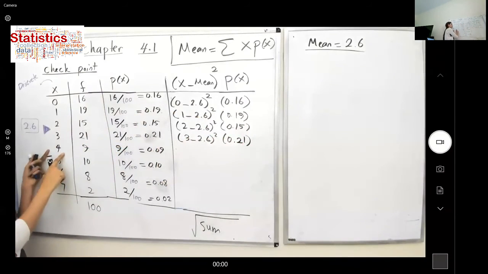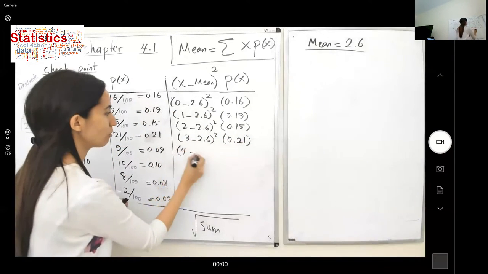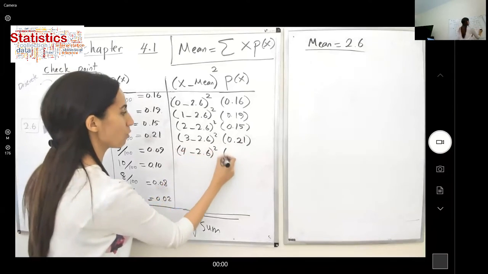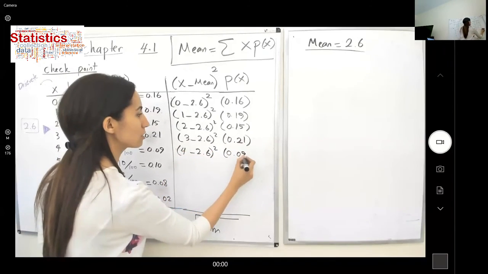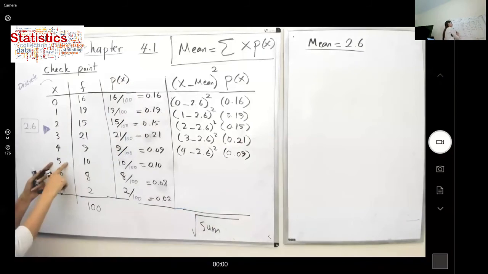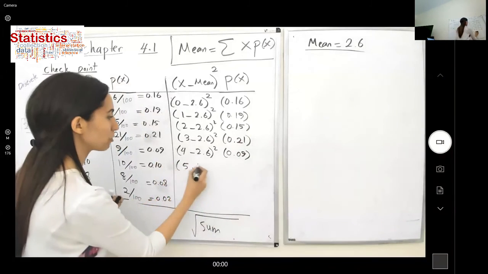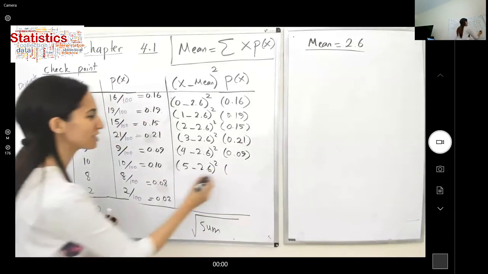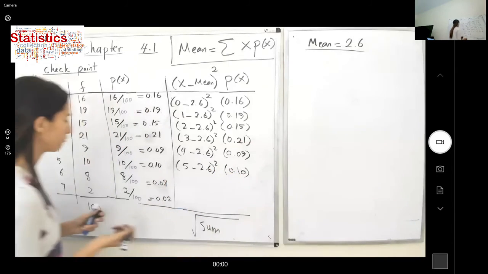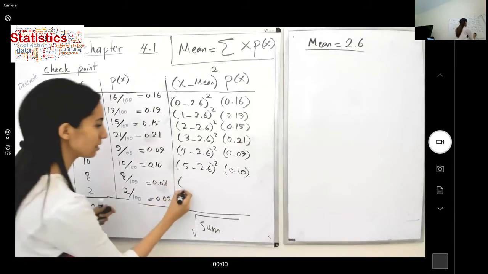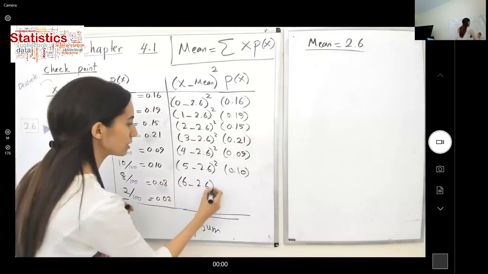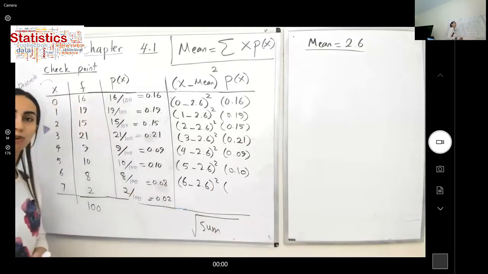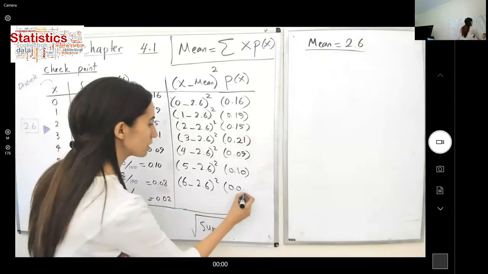My next x is 4. So I have 4 minus 2.6 squared times 0.09. My next x is equal to 5. I have 5 minus 2.6 squared times probability, which is 10%, 0.10. And I have 6 minus 2.6 squared times its probability, which is 0.08.